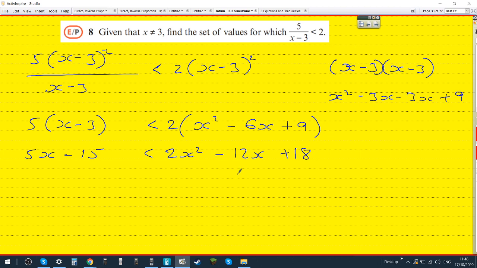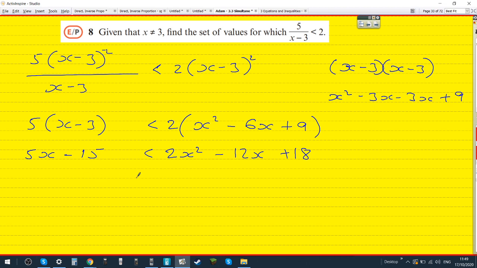So you can minus 18 on both sides, which would be 5x minus 15 minus 18, which is minus 33, is less than 2x squared minus 12x.